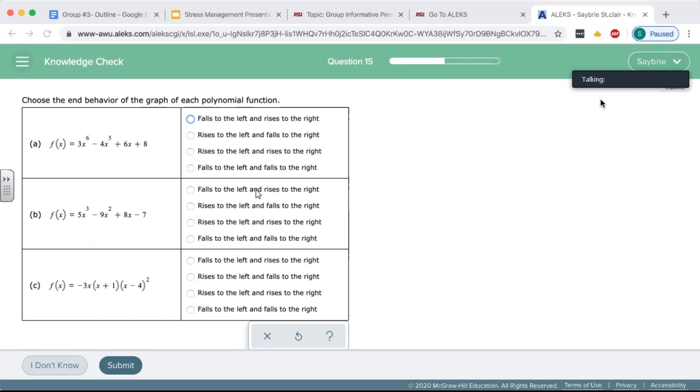So let's set up Desmos. So that is 3x to the 6th minus 4x to the 5th plus 6x plus 8.